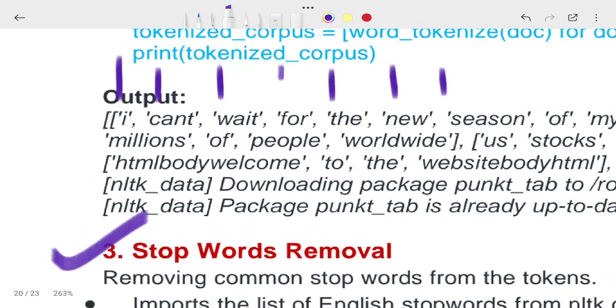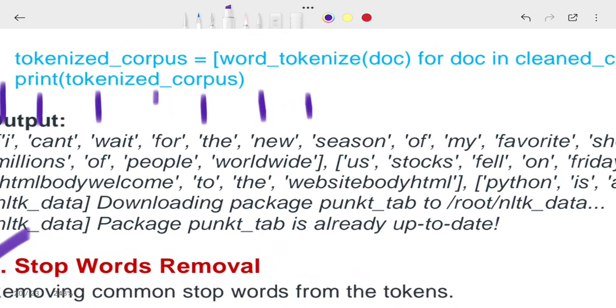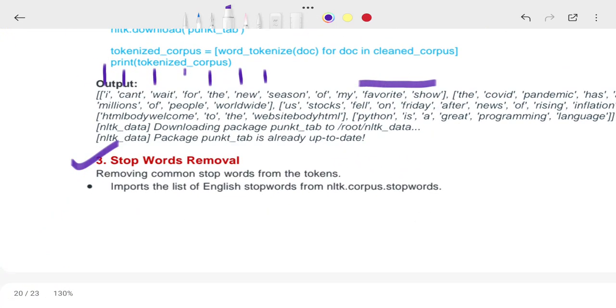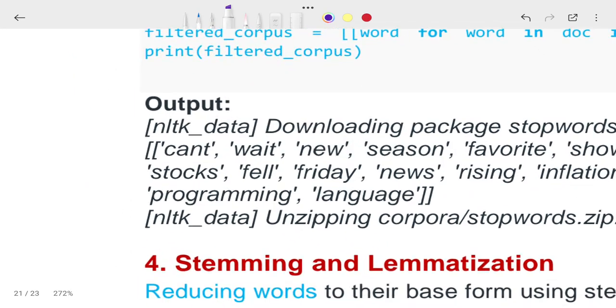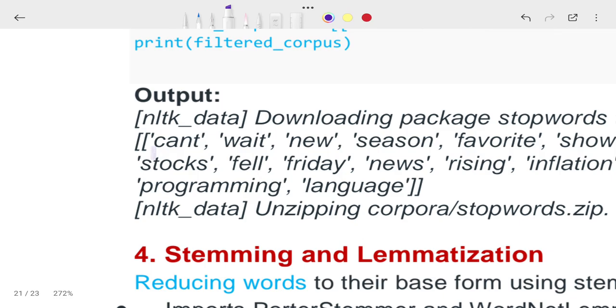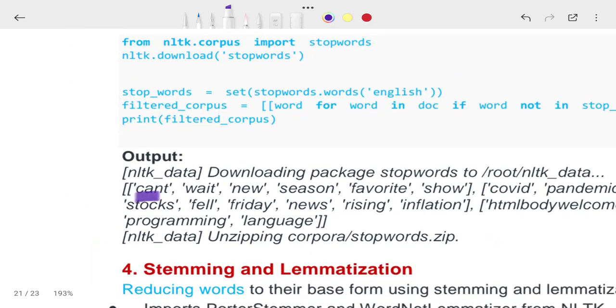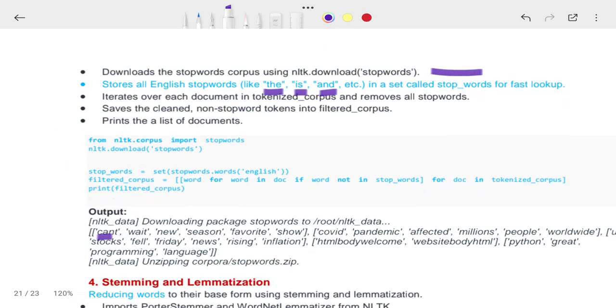Before, my text was "I cannot wait for the new season of my favorite show." Now you can see I removed some words, only "cannot" is coming, then wait, new, season, favorite, show. So some words we have removed, like the, is, and these are the stop words.